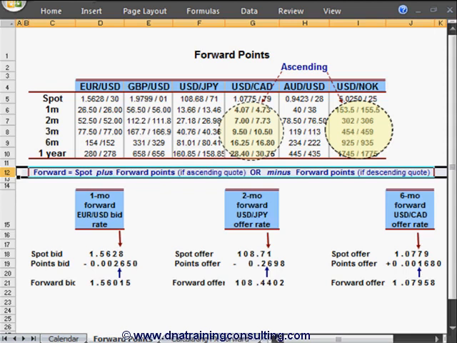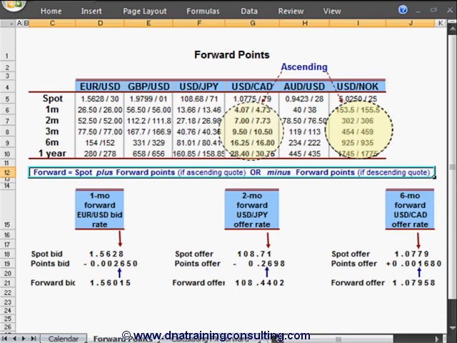Conversely, a forward rate is equal to the spot minus the forward points if the quote of the forward points is in descending order. In this case, the forward value is said to be at a discount to spot, meaning the forward value is smaller than the spot.